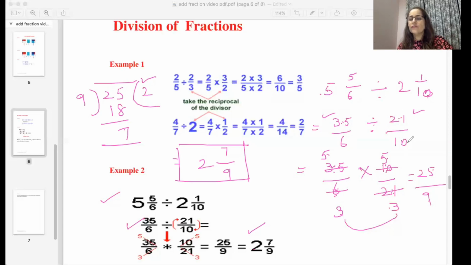It is 21 upon 10, so we will write 10 upon 21. Now we will try to solve it. We will try to cancel the terms. Now we will see which is the common factor of these two numbers. So 7 is the common factor. We have tried to reduce it, and our answer is 2 and 7 upon 9. 2 is a whole number and 7 upon 9 is a fractional part.